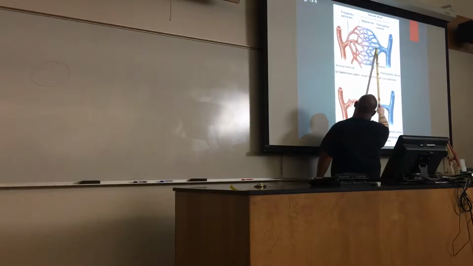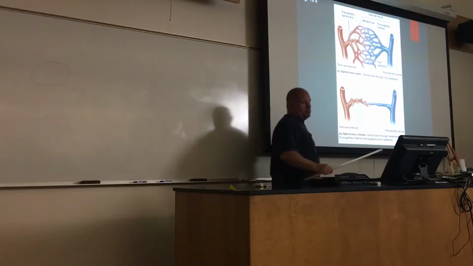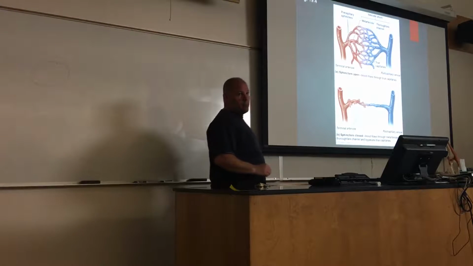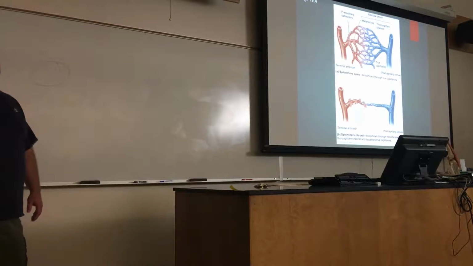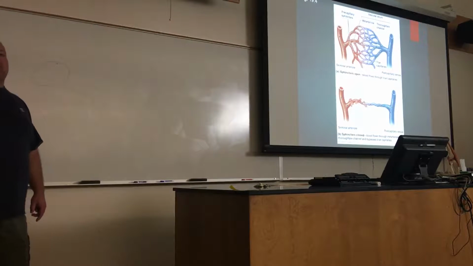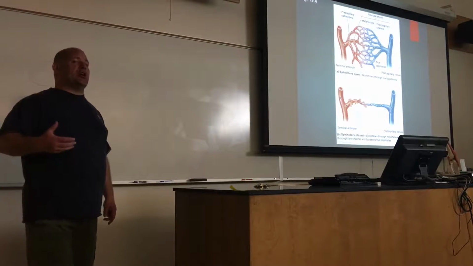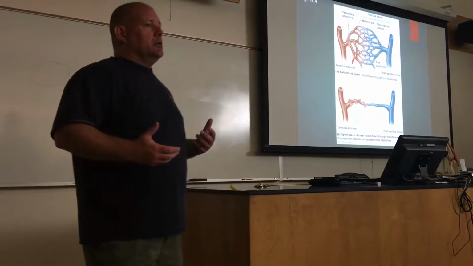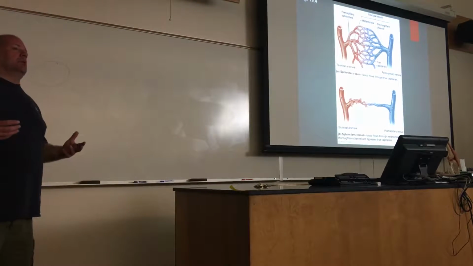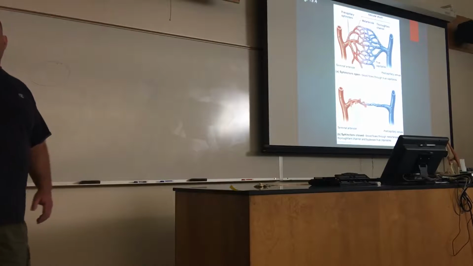On this side, it's referred to as a thoroughfare channel. Together, they're referred to as a shunt or a vascular shunt. The reason why is because if you shunt, it means I bypass something.